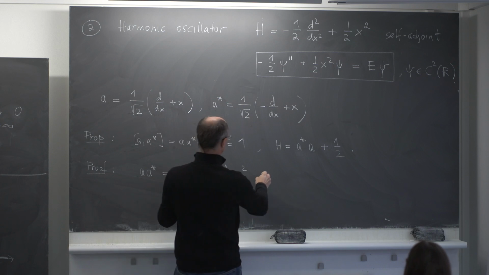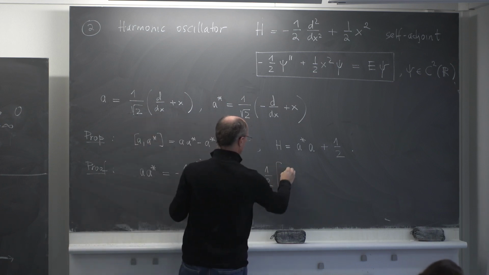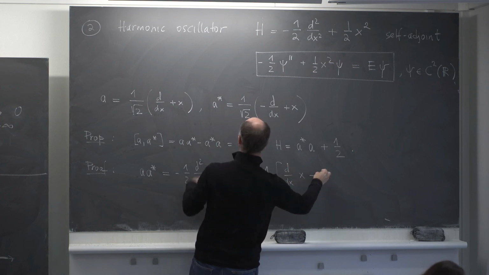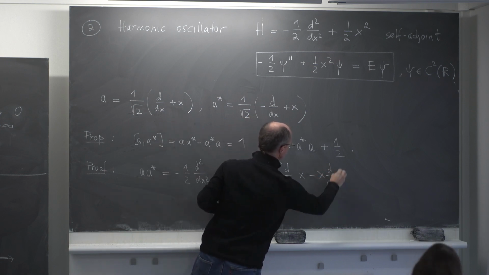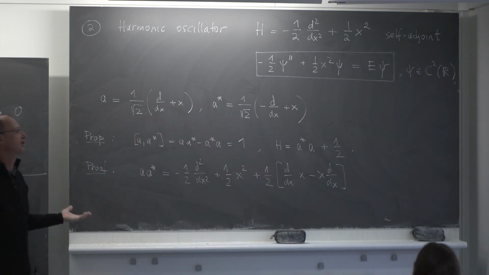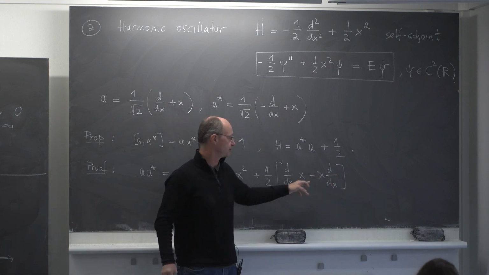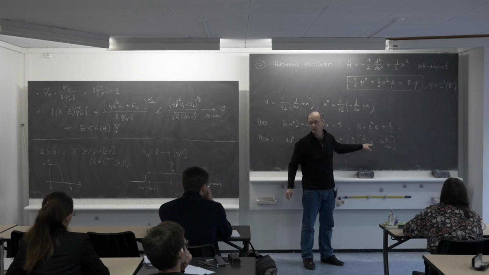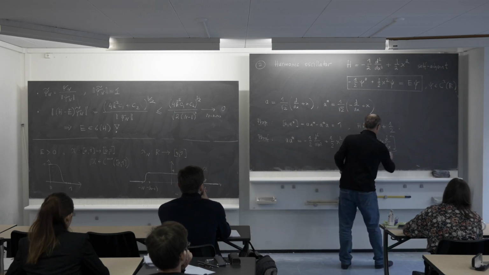So this will be 1/2 times d over dx composed with x minus x composed with d over dx. This is a differential operator acting on some function. The commutator between d over dx and multiplication by x is equal to 1, because d over dx may differentiate that x, so there is an extra term equal to 1.